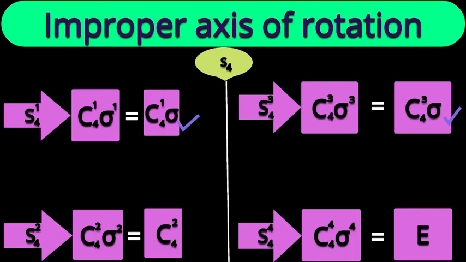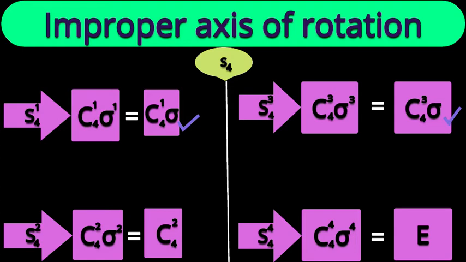S4^1 means C4 operation one time followed by reflection operation one time. If I simplify that, what will be the result? The same, C4 operation one time and then sigma operation. So it is a combo pack, a unique operation, a speciality of the improper axis of rotation. Let us continue.